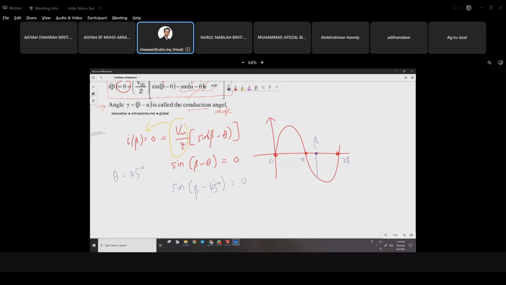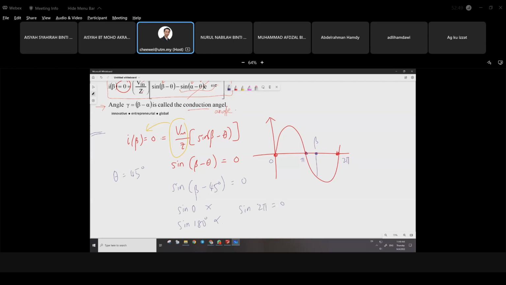So you just play around with the equation. If sine 0, you get 0, right? Sine pi also gives 0. Sine 0 is impossible. Sine 180 is not yet reaching alpha, so beta cannot be that. Sine 270, no. Sine 2 pi equals 0.